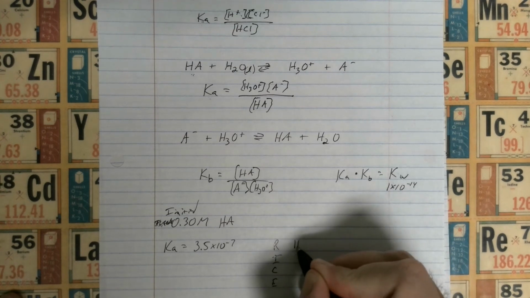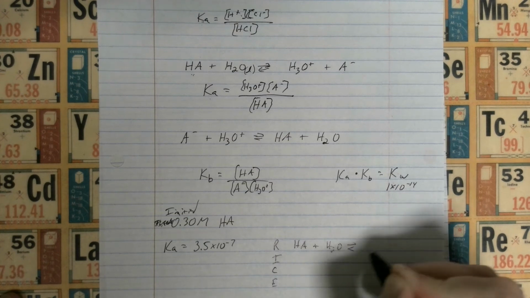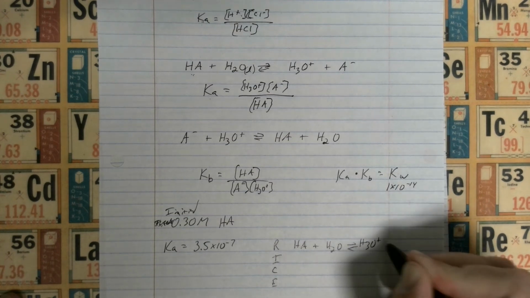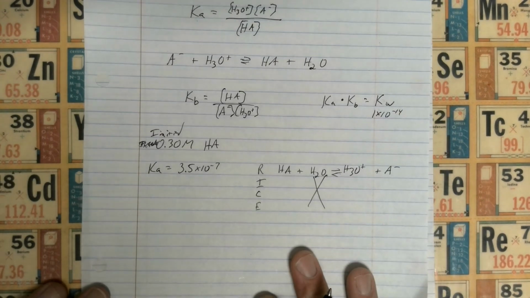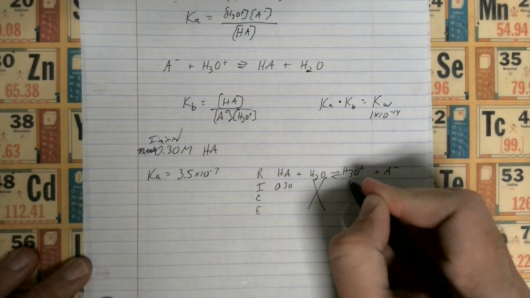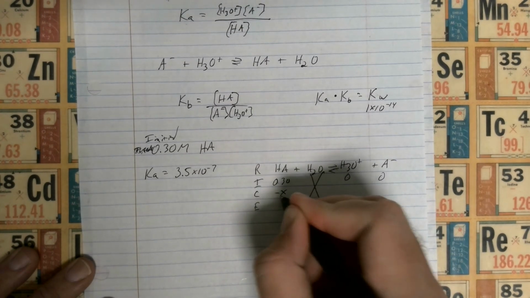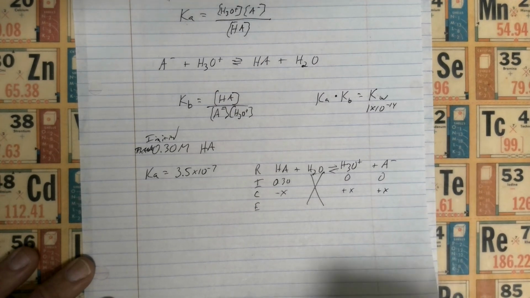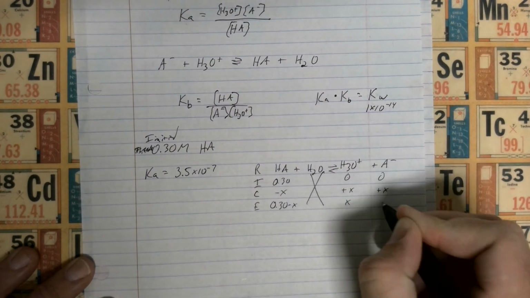So this is HA plus H2O yields H3O plus and A minus, right? I don't care about the water because that's not part of my expression. I know that HA is 0.3. I know that these are 0 initially, right? This is going to be minus X, and these are going to be plus X, plus X. So this will be 0.30 minus X, X, and X.